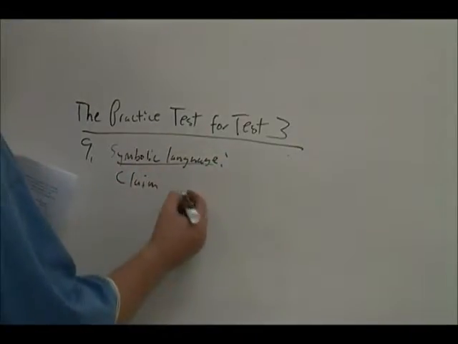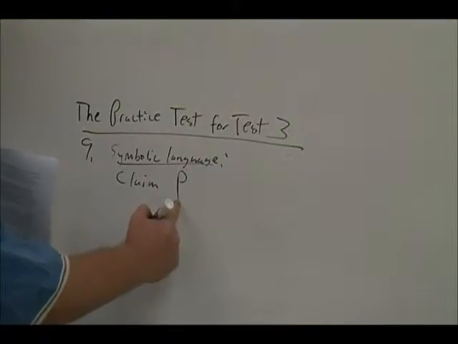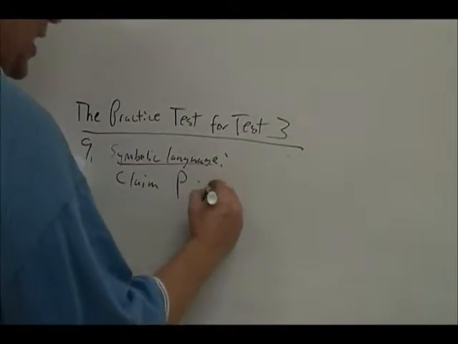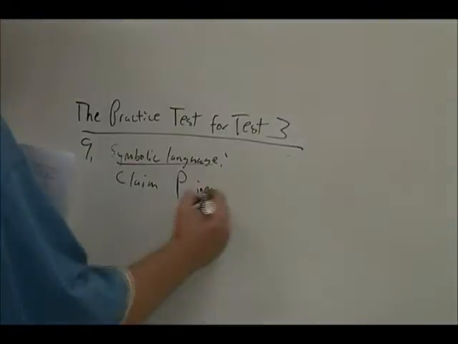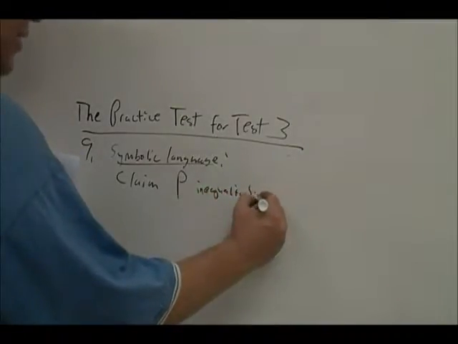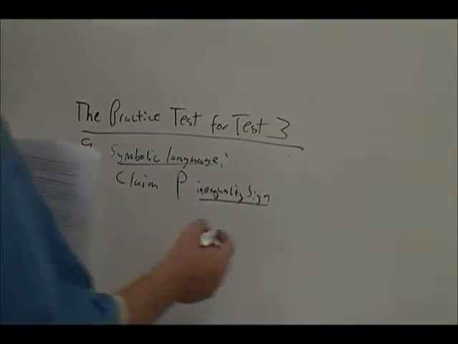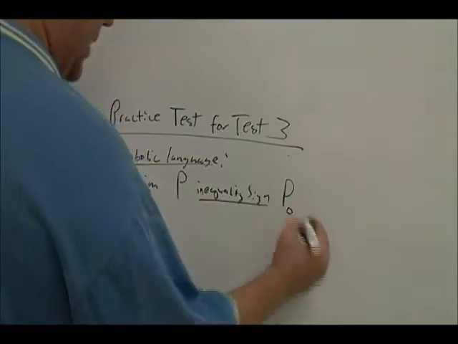So we have to write it so that whatever the population proportion is, the claim is that it is some inequality sign, that the population proportion for this category is either greater than or less than, or greater than or equal or less than or equal to some number, which we're going to call P0.